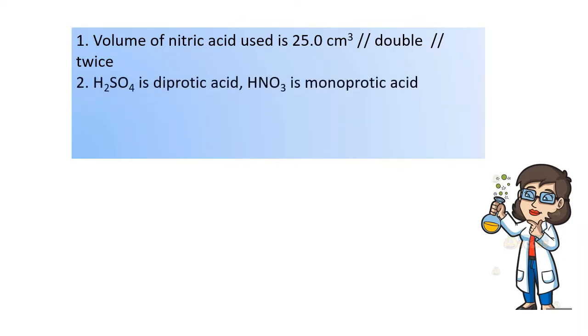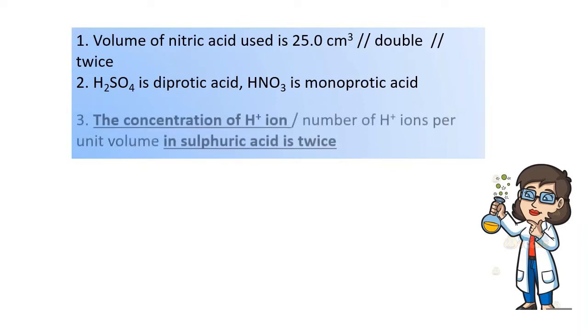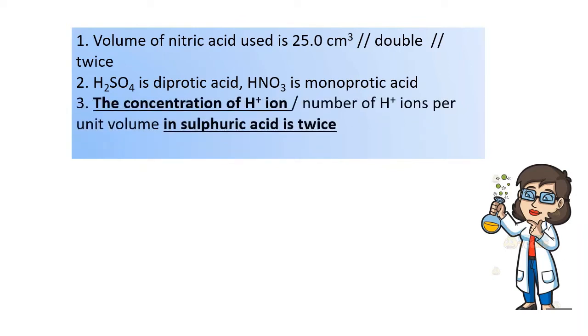It is because sulphuric acid is a diprotic acid and nitric acid is a monoprotic acid. The concentration of hydrogen ions, or number of hydrogen ions per unit volume, in sulphuric acid is twice.